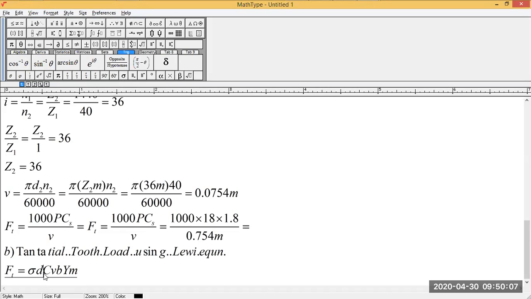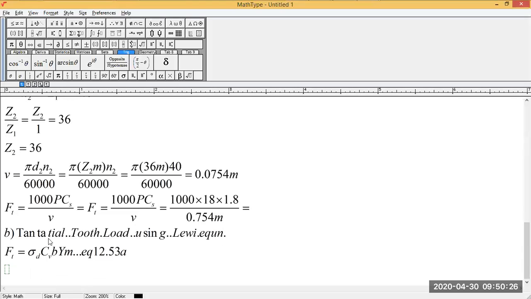So we'll just subscript this d here and subscript the velocity factor v. Right, so this is given in equation 12.53a. Now one by one we'll determine the values here.